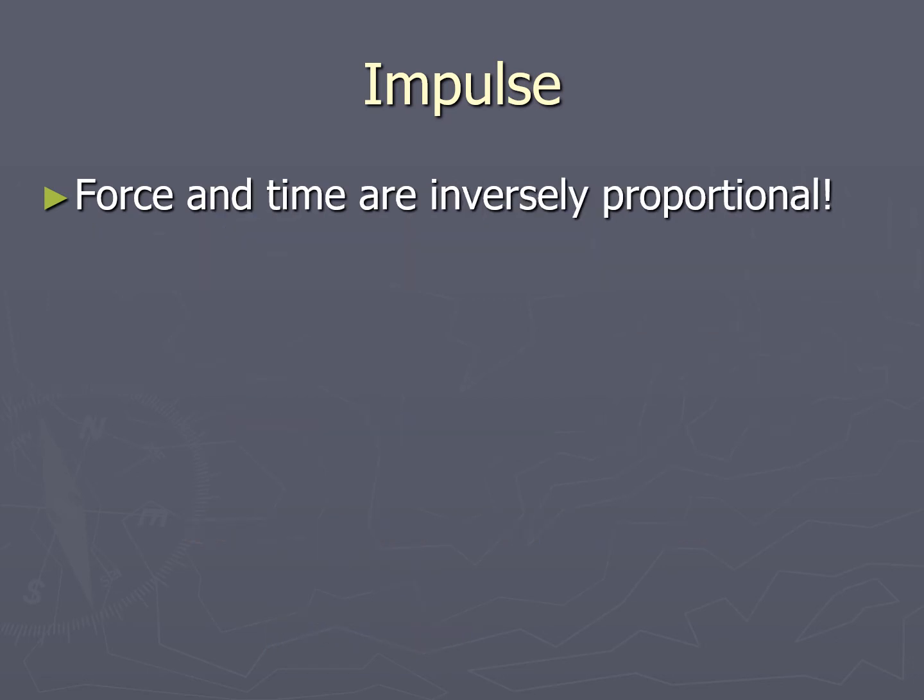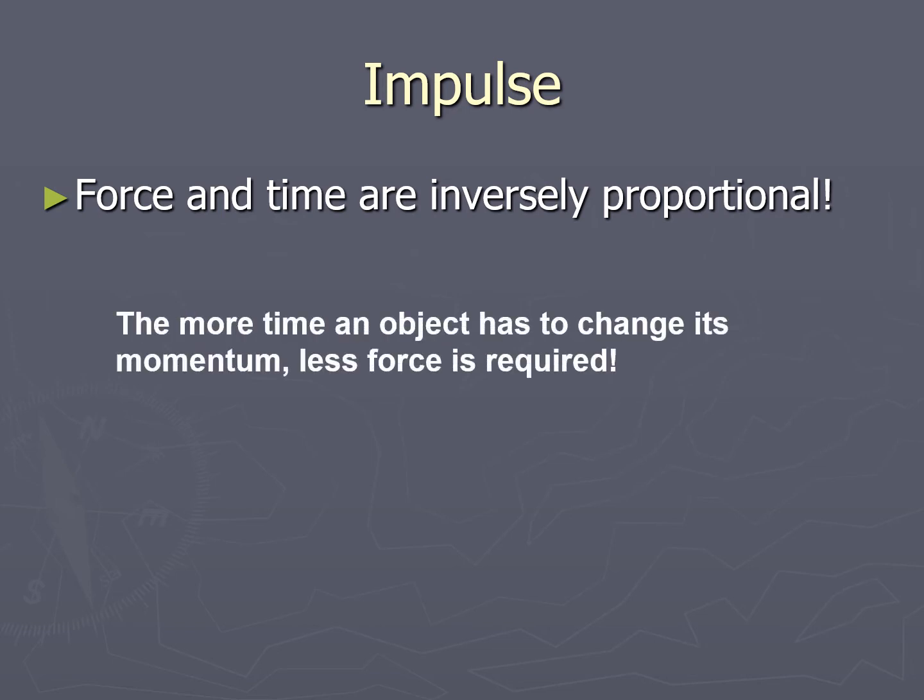So in this instance, force and time are inversely proportional. When we're talking about impulse, if we're changing a momentum, let's just say you drop a pen onto the ground and it hits the floor. It stops quickly. So its change in momentum, its impulse, is high.